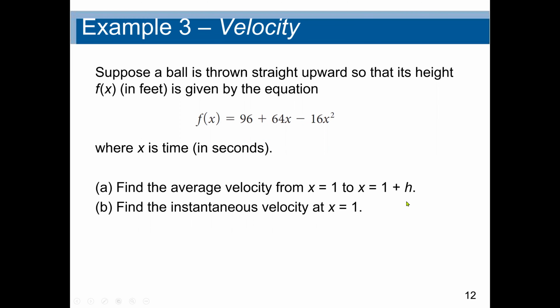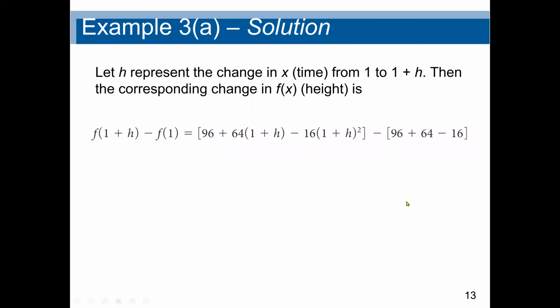So let's see how we solve this problem. Again, we are using the same concept as average rate of change. So here we say the h will represent the change in time from 1 to 1 plus h. Then the corresponding change in f at s, the height, is this. So first, we are looking for f at s equal to 1.